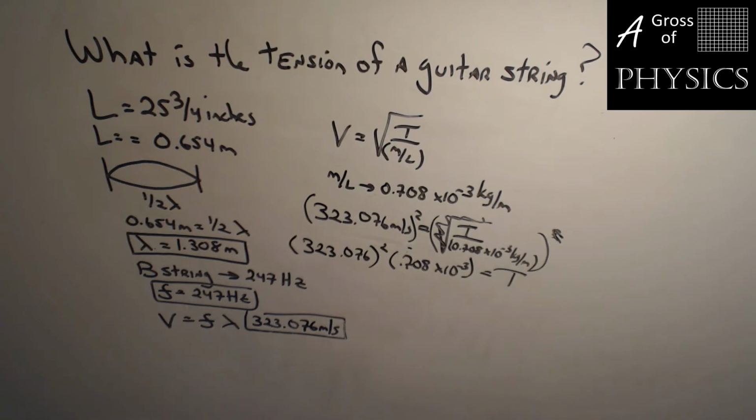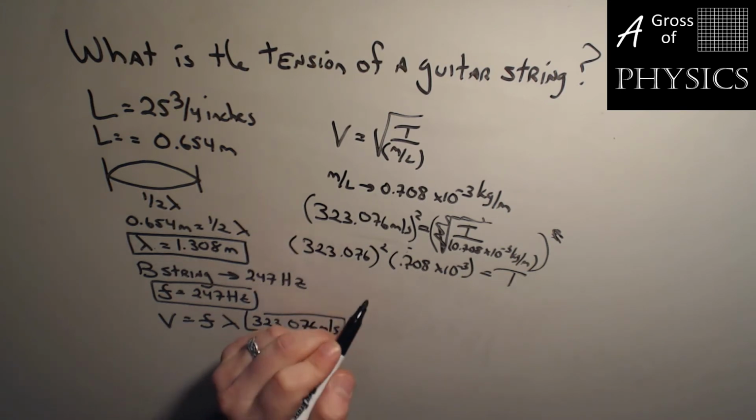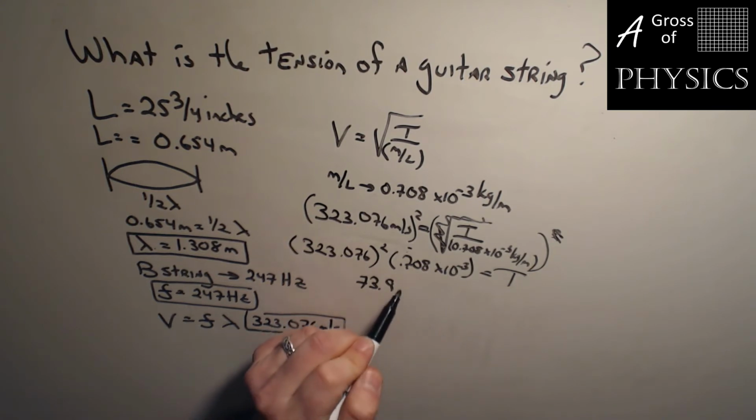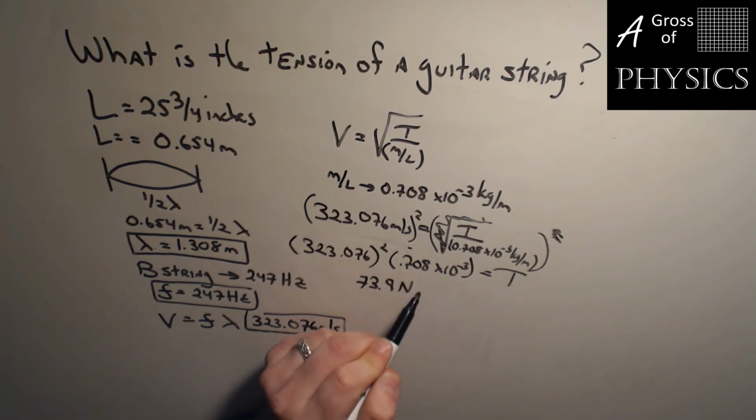Using the calculator, I have my 323 ready. I'm going to hit squared, times 0.708 E negative 3, and my answer becomes 73.9, and tension is a force, so it's going to be newtons.